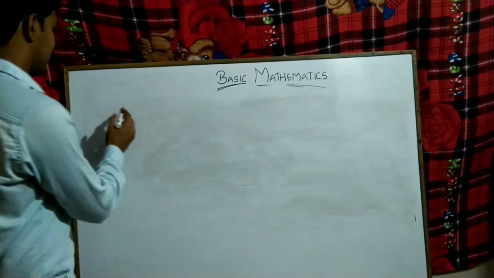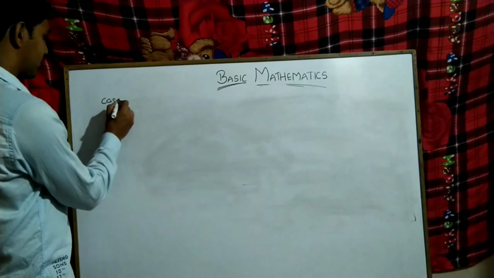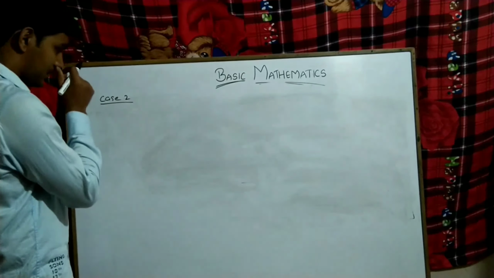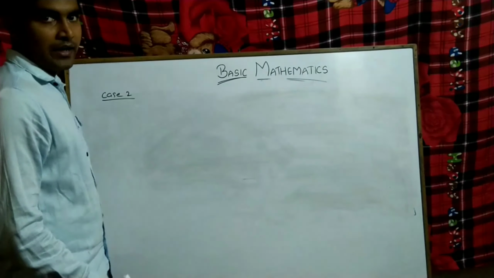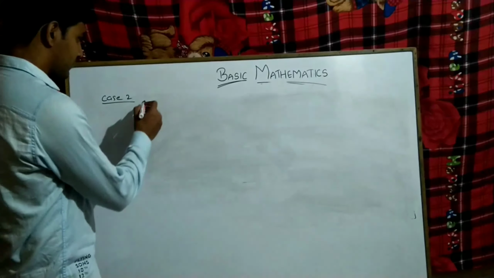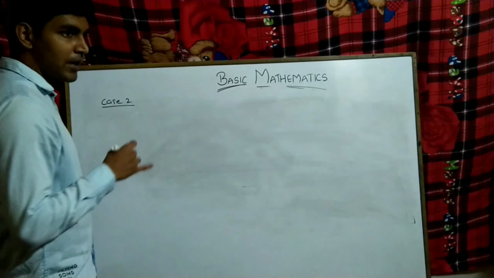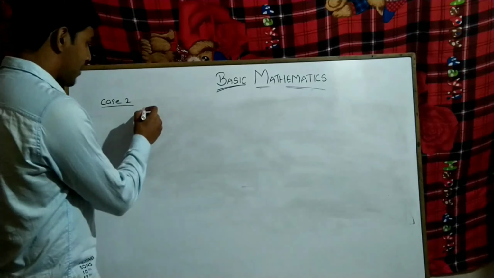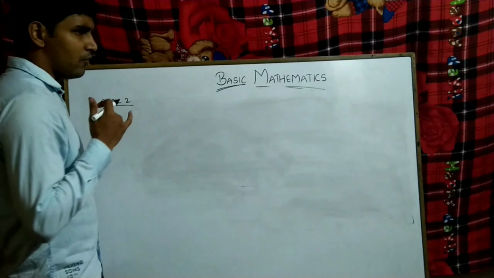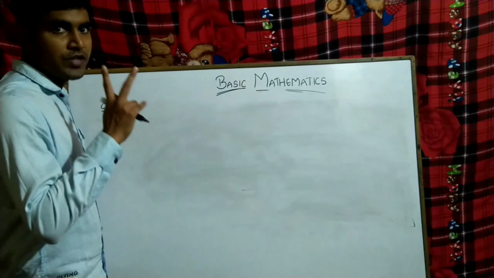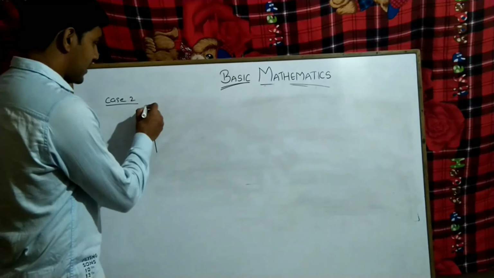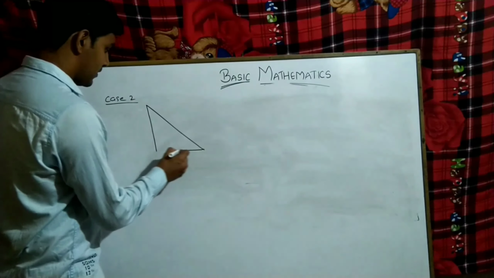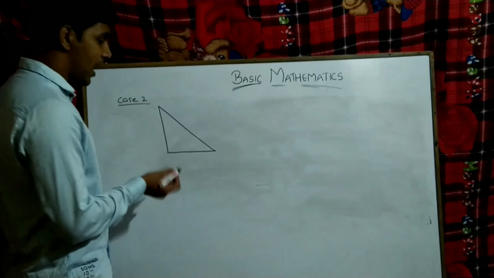Okay, in second case, again I am taking a right angle triangle. Sorry, now I am taking an isosceles triangle. What is the property of isosceles triangle? Two sides are equal. Now I will take a right angle triangle which is also an isosceles triangle.